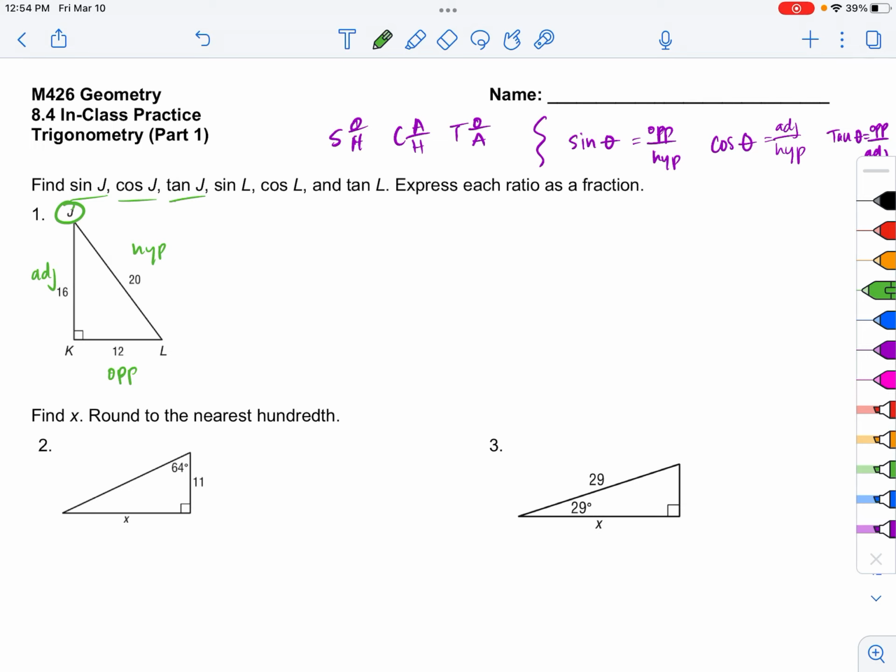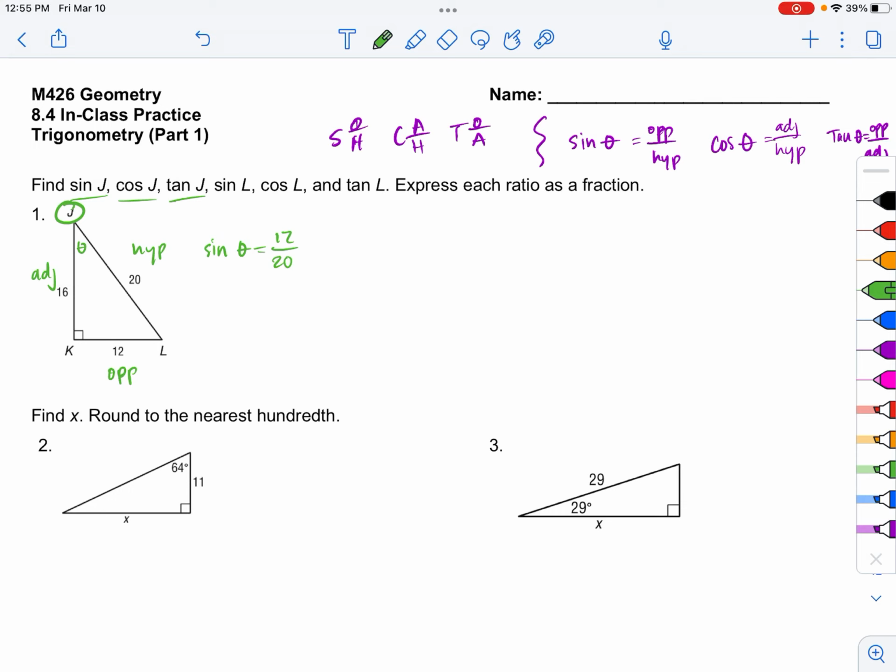So sine of J is sine of theta, because this is the angle we're looking at it from, is equal to opposite, which is 12, over the hypotenuse, which is 20. And then obviously, yes, we could simplify this. 12 over 20 becomes, divided by 4, 3 over 5. But ultimately, this is good enough for now, okay?